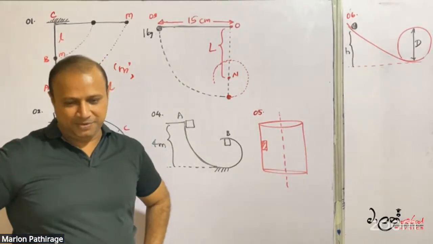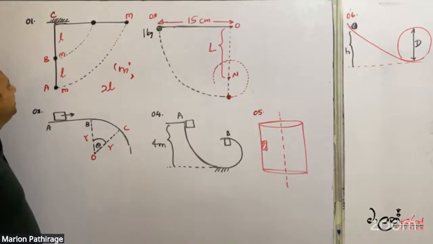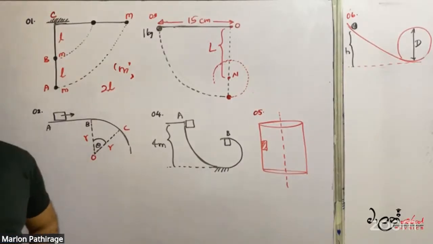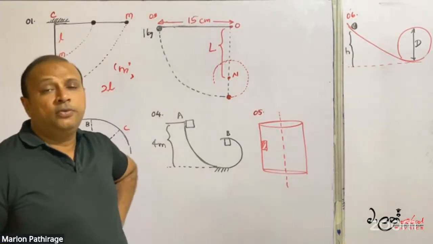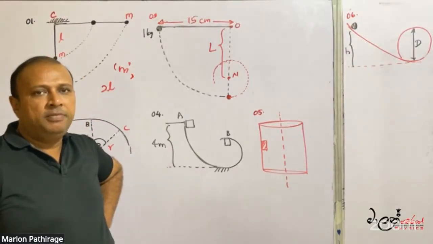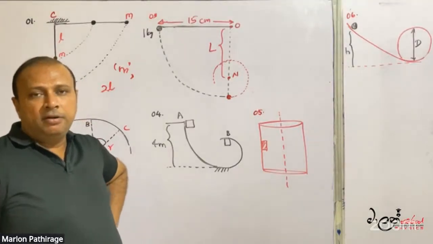Find the speed of mass B when the rod becomes vertical.